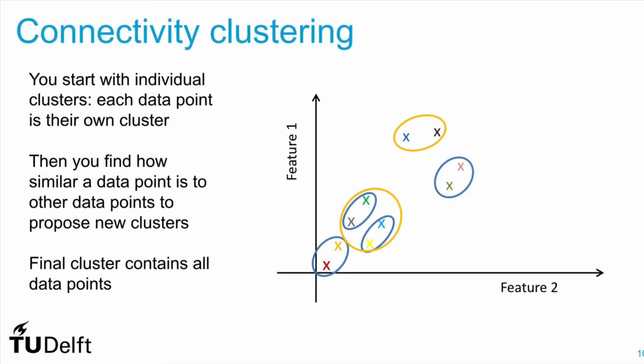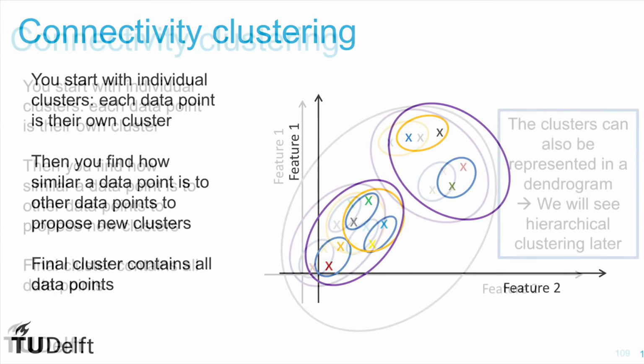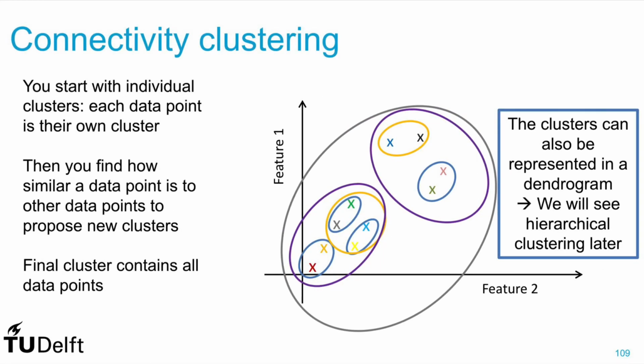Then you start increasing this distance, and you will start to comprise more and more clusters until the moment when basically the whole data set will belong to one whole cluster.